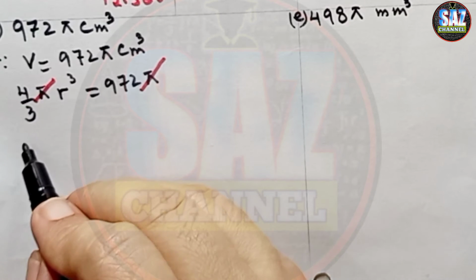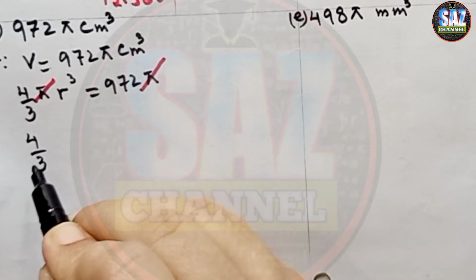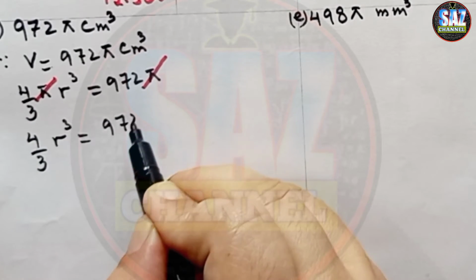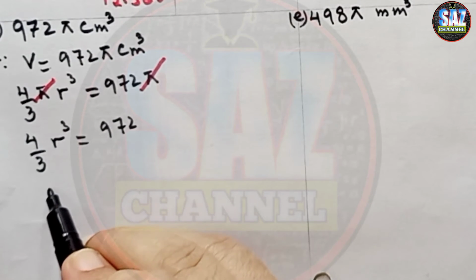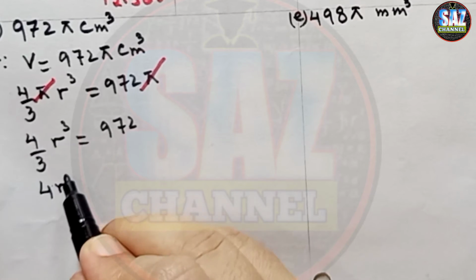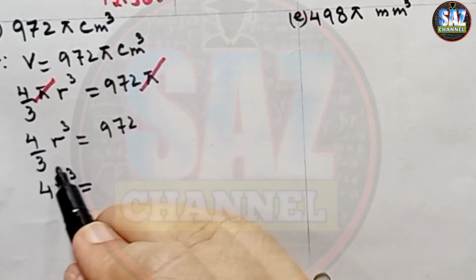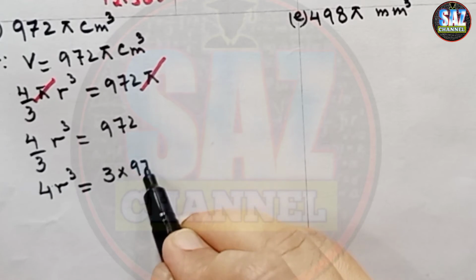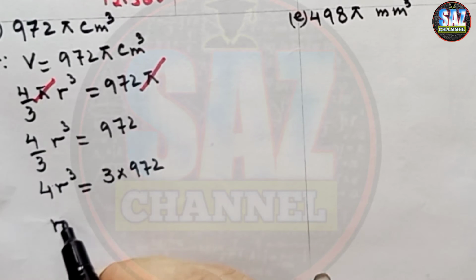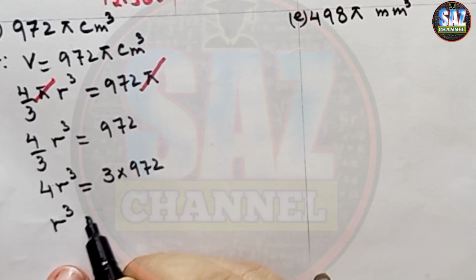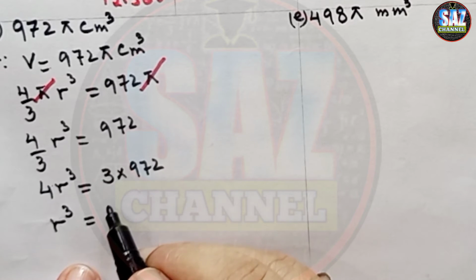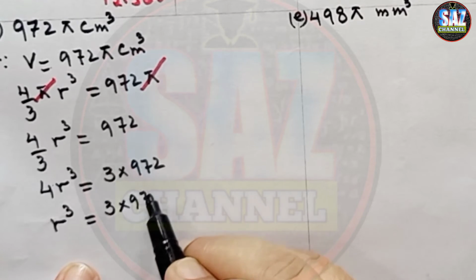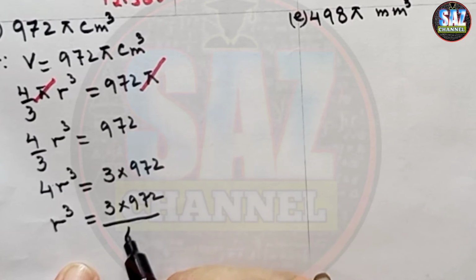And I'm left with 4 by 3 into r cube equals 972. Now I have to go for cross multiplication. 3 will be shifted towards 972 in the numerator, and then in order to get the value of r cube or r, I have to divide by 4 on the other side, and this will become 3 multiplied by 972 upon 4.